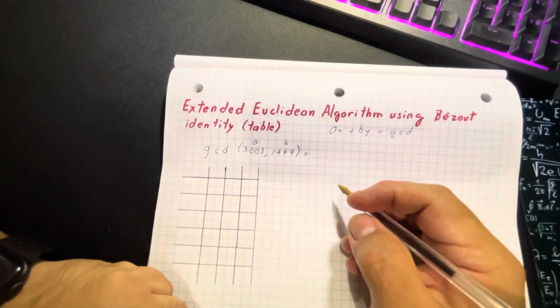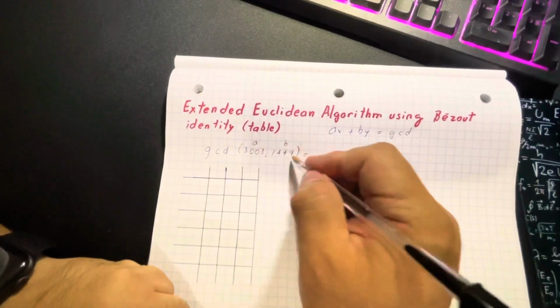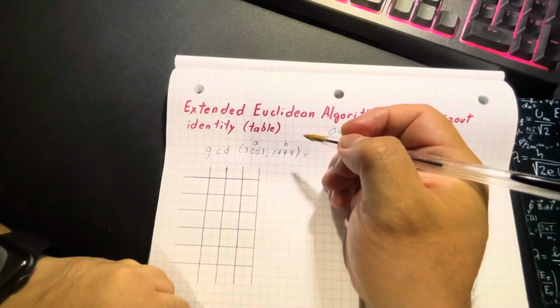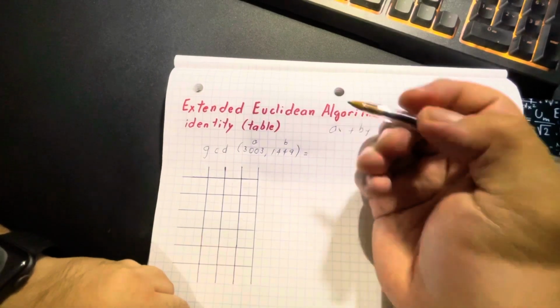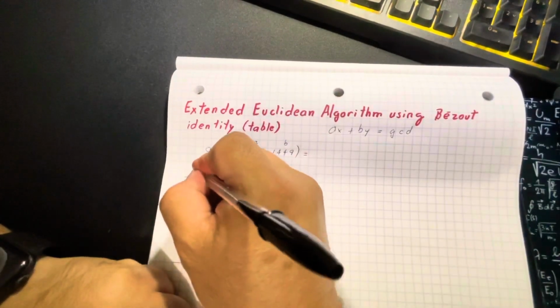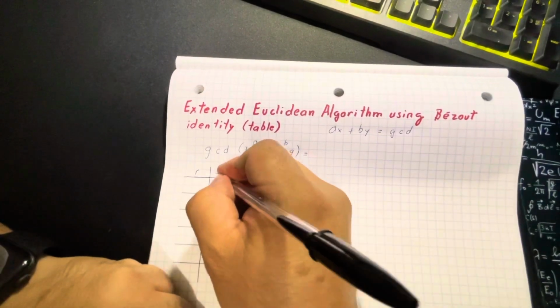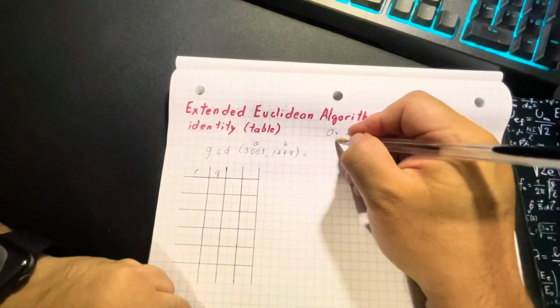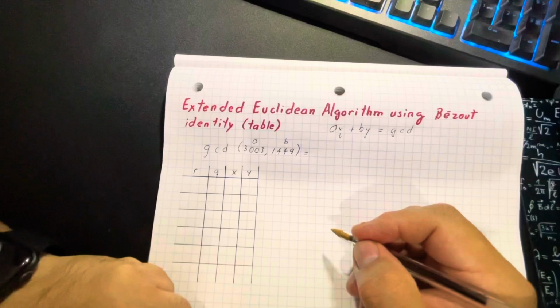To solve this, the greatest common divisor, you have to do a table, okay? And in this table, you're gonna put right here your remainders. You're gonna put right here your coefficients, and you're gonna use the x and the y right here.